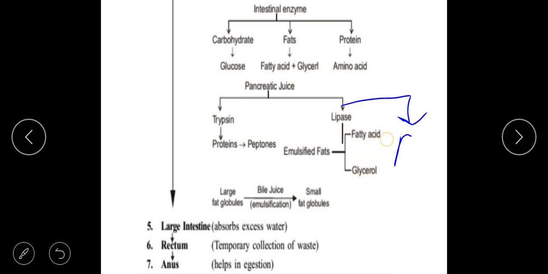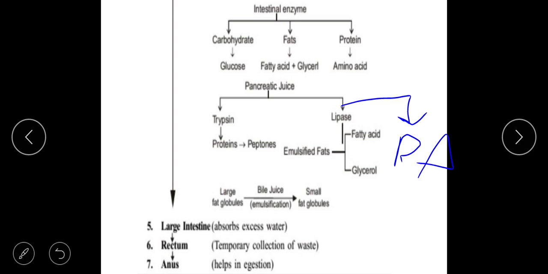The term refers to starch, the amylose word. So pancreatic amylase means the enzyme which helps in the digestion of starch in the intestine, and it is released from the pancreas. So the name has been given pancreatic amylase.